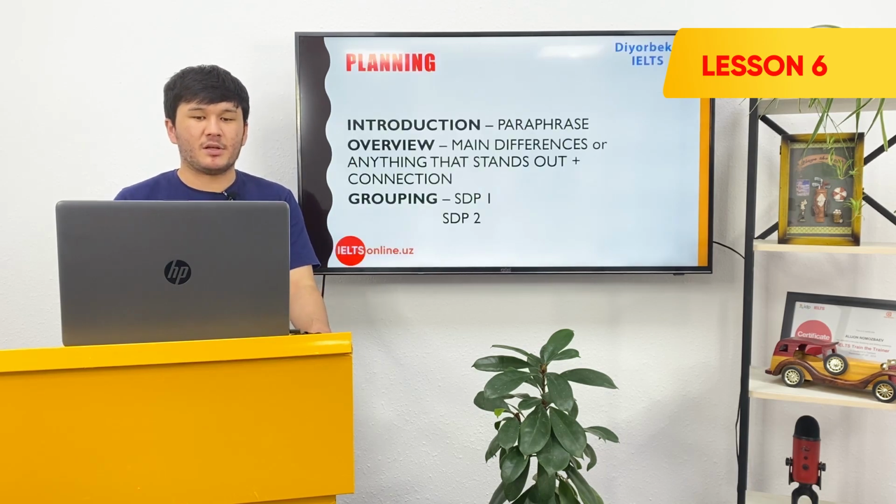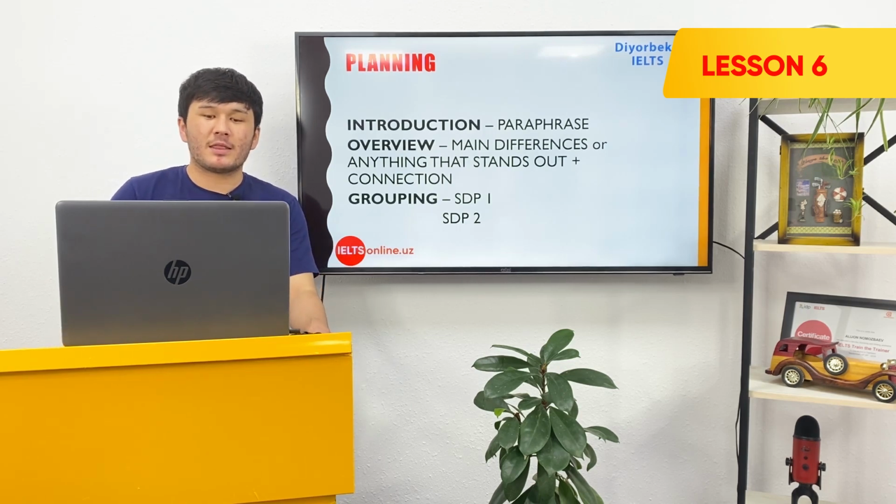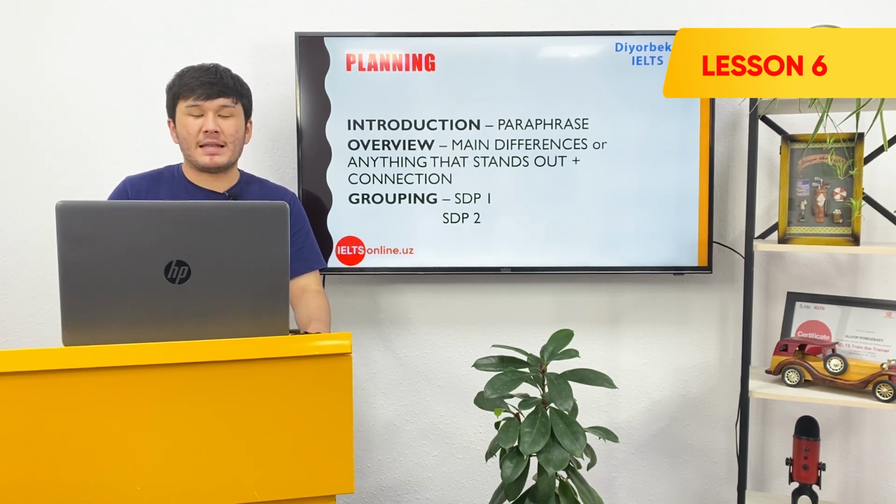So correct planning is really important. So we just plan our task 1 bar chart in the following way. You're gonna look at the main differences or anything that stands out.